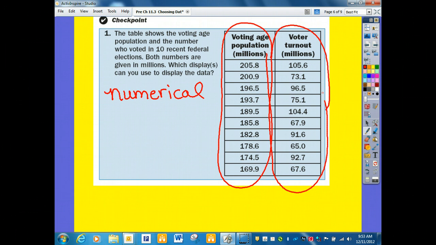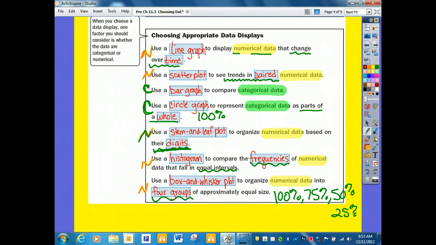What could be the best choice here? Out of all those numerical choices on your notes, look back here. What was the hint? What kind of data do we have?